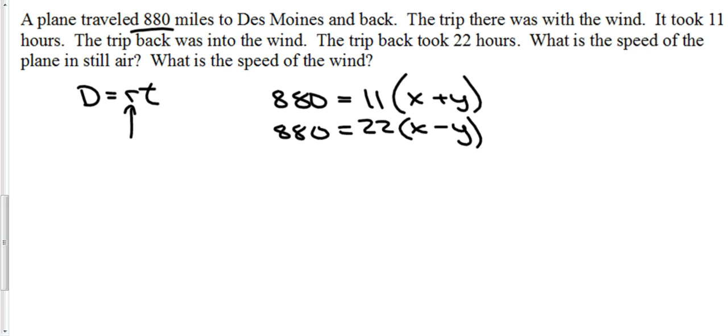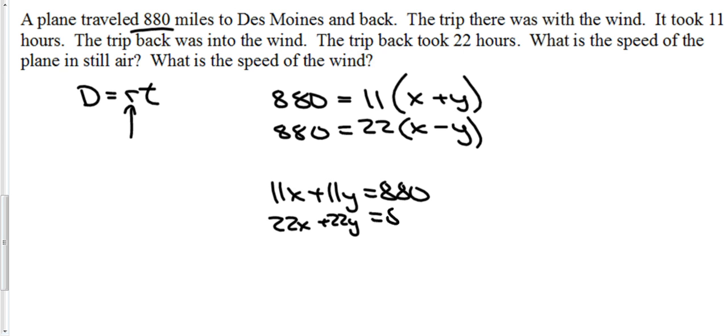So the wind is making you slower. So my system of equations would look like this. Distributing the 11 and the 22 would give me 11x plus 11y is equal to 880. 22x minus 22y is equal to 880.